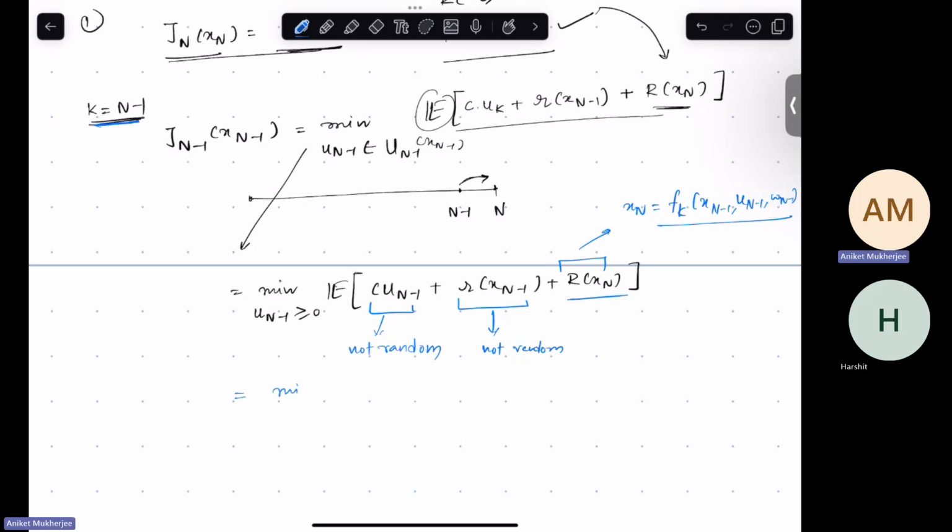And you get minimum over u_{n-1} greater than or equal to 0 of c u_{n-1} plus r(x_{n-1}) plus expectation of r.